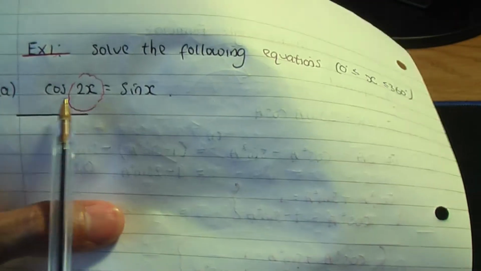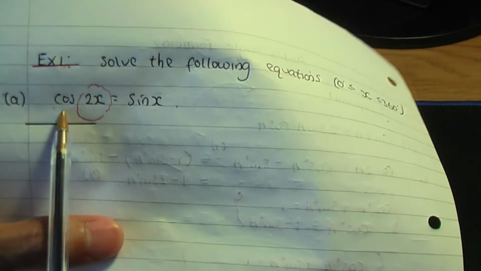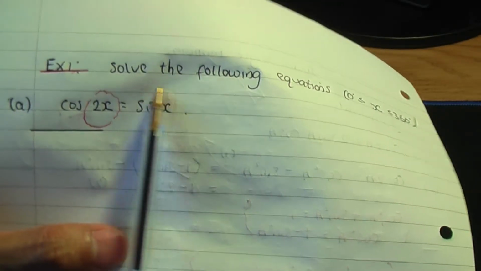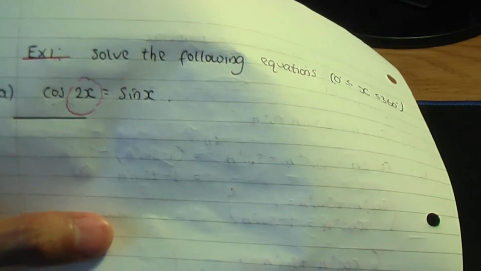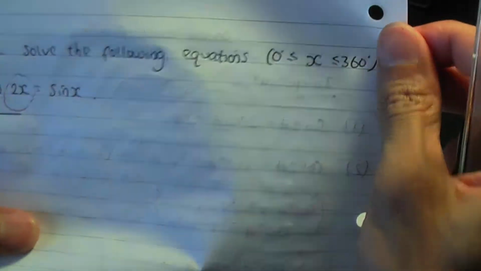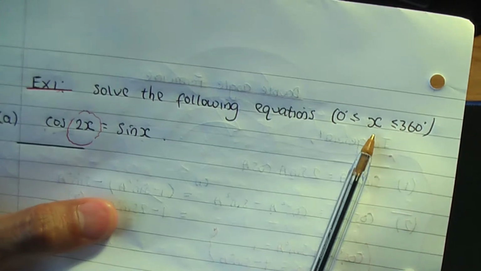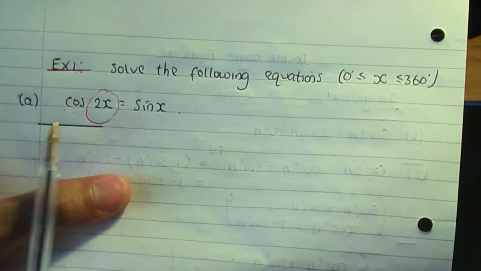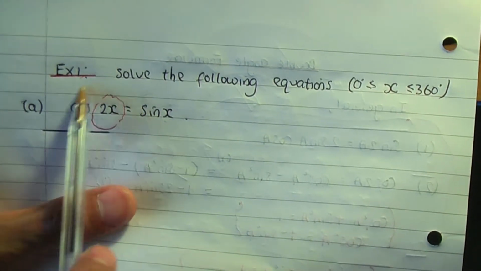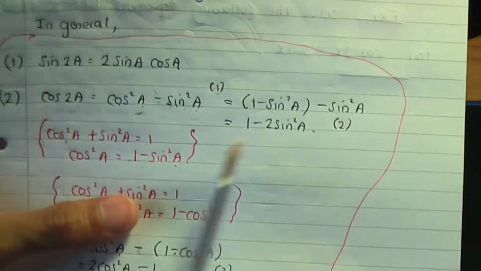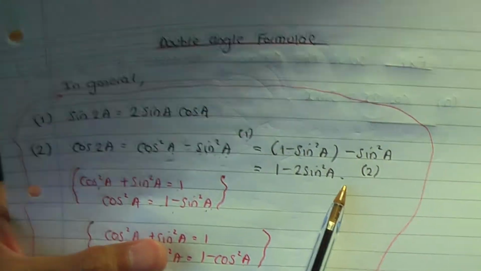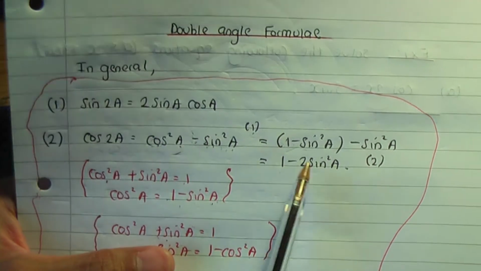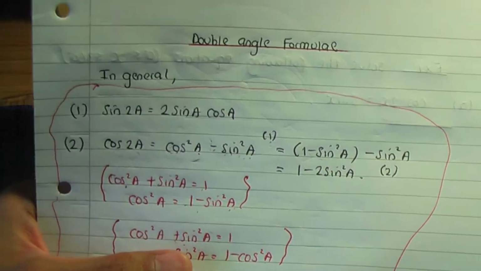So if we go back to the question, ideally, if we can create an equation involving sine, we can solve that equation and eventually work out all of the angles x between 360 and 0 degrees. So if we choose the version involving sine, it's going to be number 2: cos 2a is 1 minus 2 sine squared a.